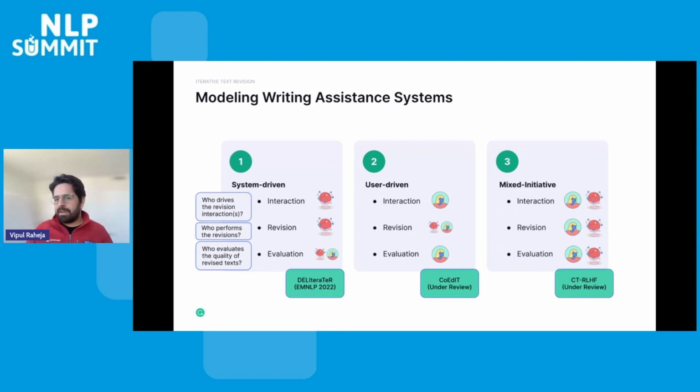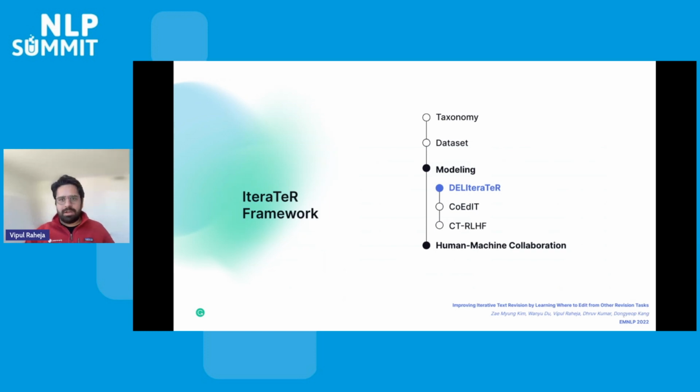And finally, we proposed a more balanced and collaborative system called CTRLHF, where we leverage human preferences to empower both the user and the system to collaboratively drive the revision process, which enables a much higher quality of revision experience. And a small thing to note is that the machine will always be a primary driver of the revision by definition. And these are the three modeling systems that I'll dive deeper into going forward.